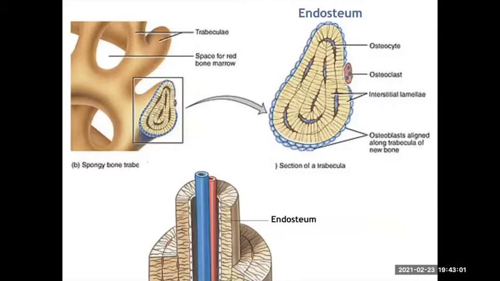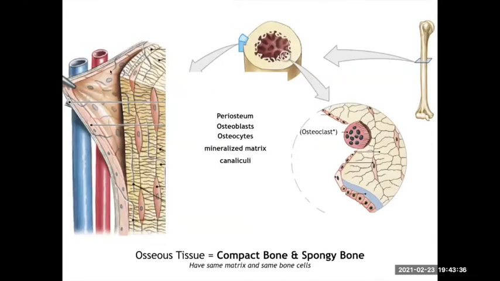But for your endosteum, all it has is a bunch of these blue cells of different types, mostly osteoblasts, which we'll talk about in a little bit, as well as osteoclasts. So there's no fibrous connective tissue on the inside. You don't need it there for protection or anything. You just have this cellular lining surrounding these struts in spongy bone, as well as in this structure here, which we'll see is the central canal. And so here's the periosteum, that fibrous layer on the outside, and then you might have some endosteum on the inside.